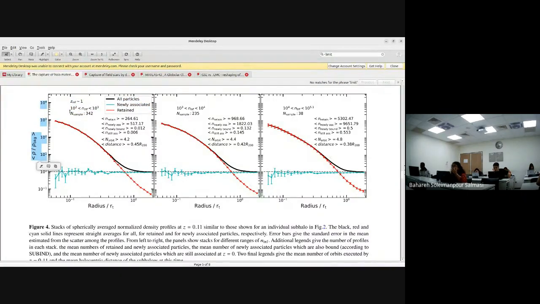So this is the captured stars that, at the next snapshot, will be inside the tidal radius.